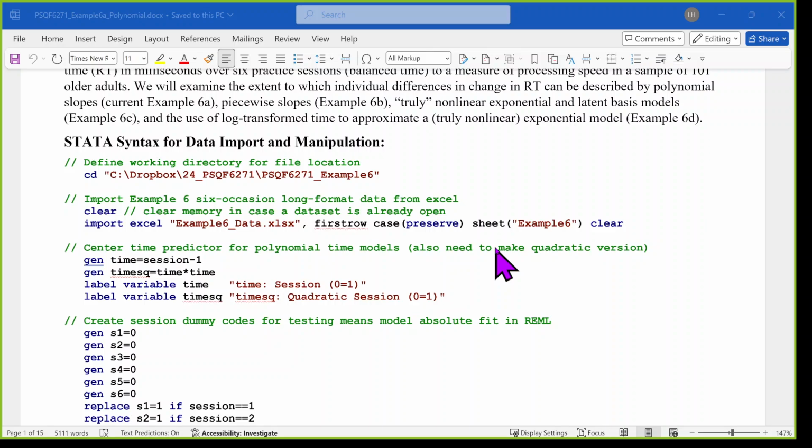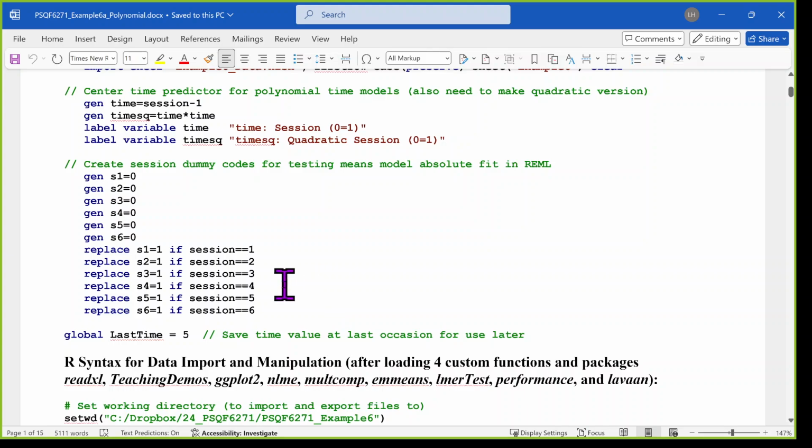Does that sound right? Are we good with that? Can we jump into the quadratics, or do you want to look at any of the earlier models again? We're okay. All right.